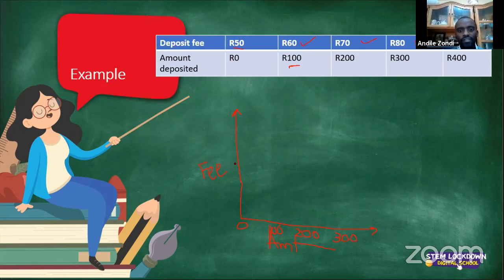And then with your fees, I can see it starts at 50 and goes up to 90. When you draw your graph, don't start at 50, start at 0. Then 10, 20, 30, 40, 50, 60, 70, 80, 90 and 100. So this is 100, and this is 50.